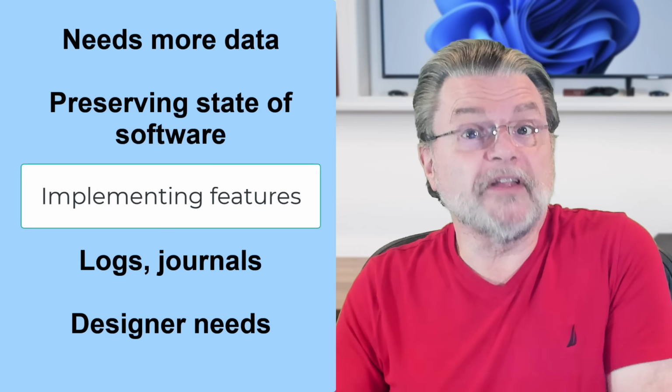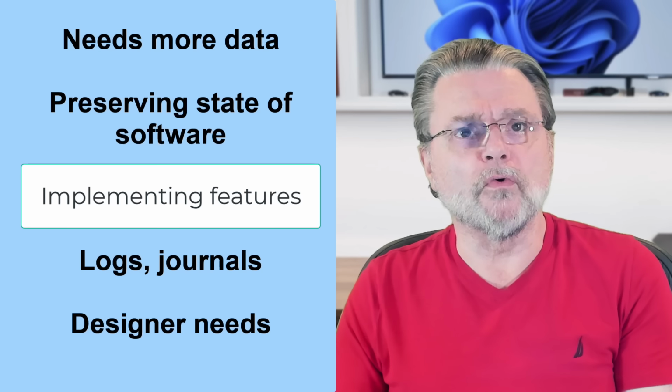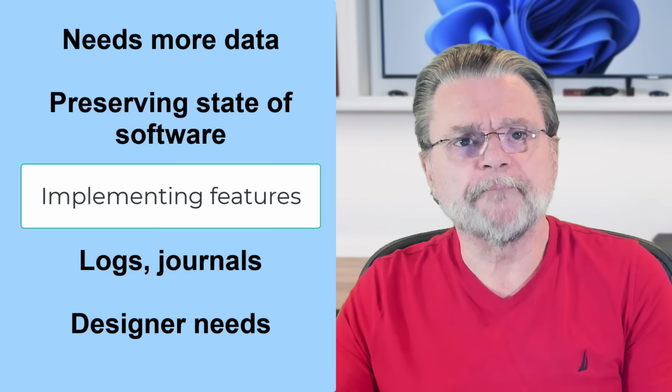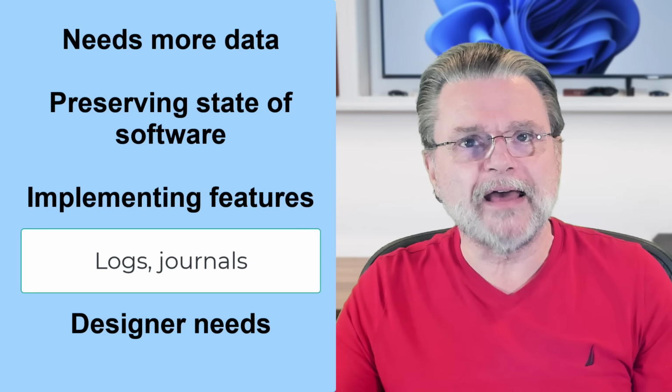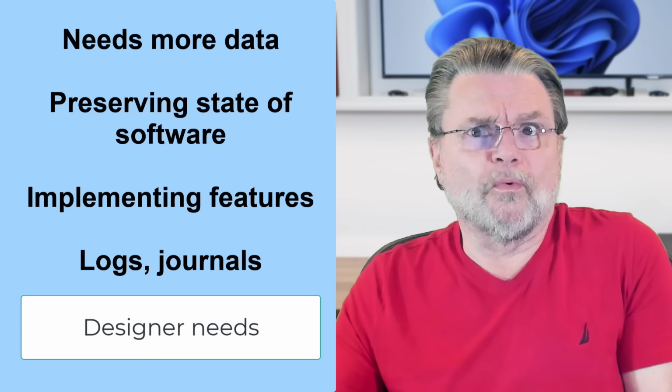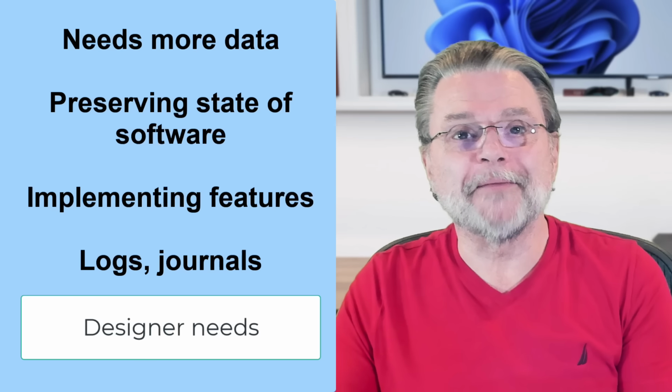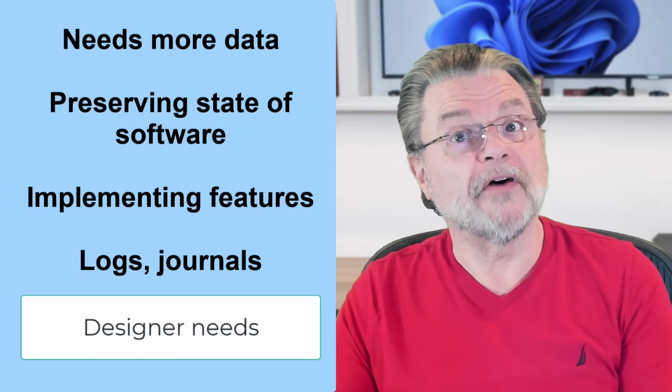Data that might be used to implement features like undo or redo in applications. Logs, transaction logs, journals, internally managed caches, and of course, whatever else I haven't thought of that a program designer might want a temporary file for. The intent is that they go away, they get cleaned up at some point.